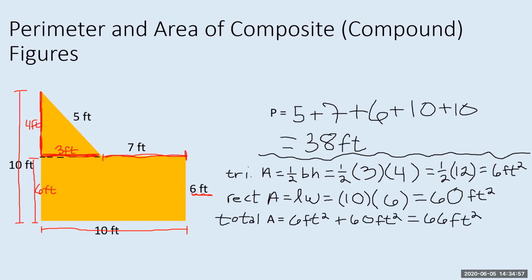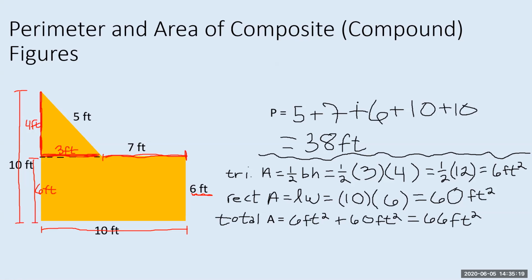So for this example, for perimeter, we checked to see if we had any missing sides. We did not. So we just went right ahead and we added up all the sides to get the perimeter. And then for area, we split the shape up into simpler shapes. And then we calculated the area of each shape individually.